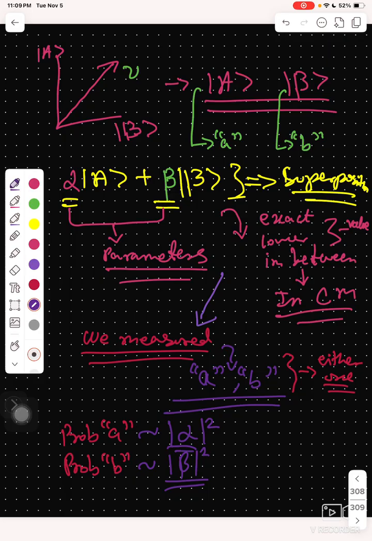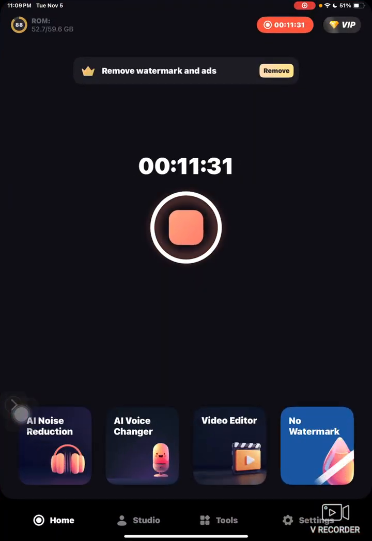If you work on A, you'll get A. If you work on B, you get B. So you get either one exactly. You don't get any value in between. That's what quantum mechanics is about.